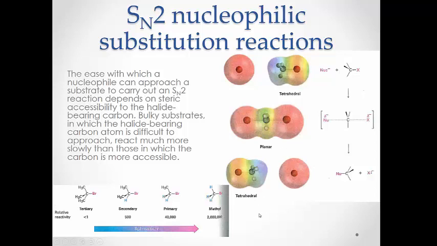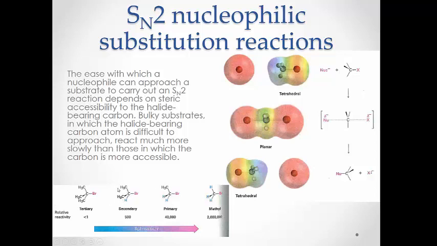So in terms of the reactivity, you've got your methyl is highly reactive, okay, and then you've got your primary. Your secondary is not so reactive, and your tertiary is pretty much unreactive. Okay, so the bulkier the group is coming off here, the less likely it is to react.